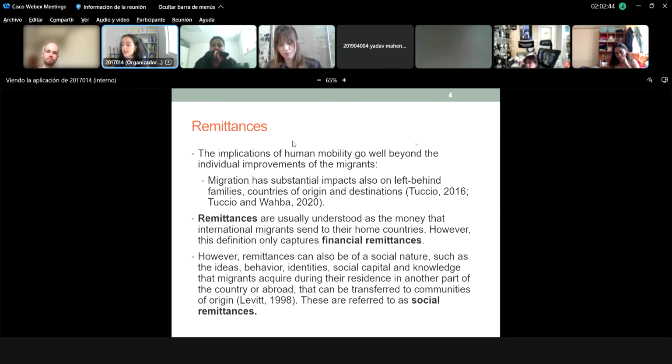The idea about social remittances is basically this: financial remittances, as we said, means people travel, work in a different country, and send money back home. Social remittances would be: can they affect their home countries socially?